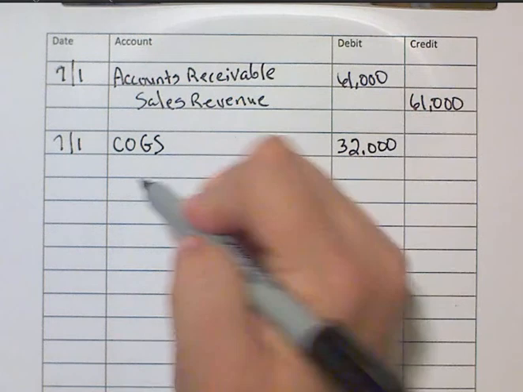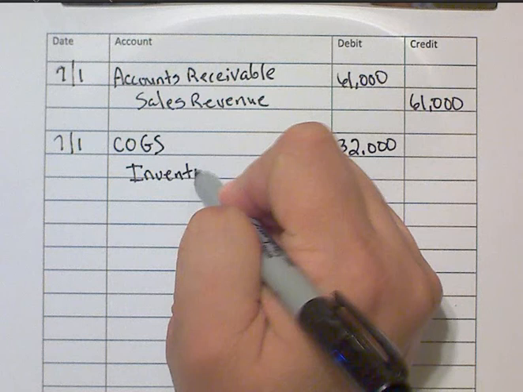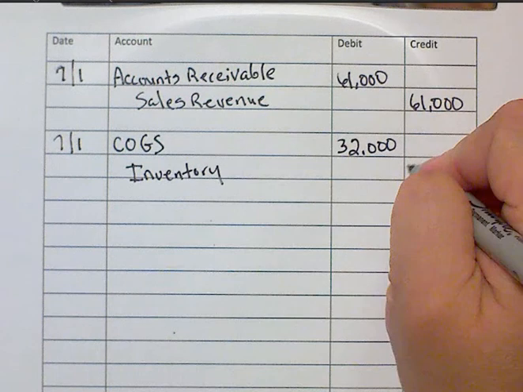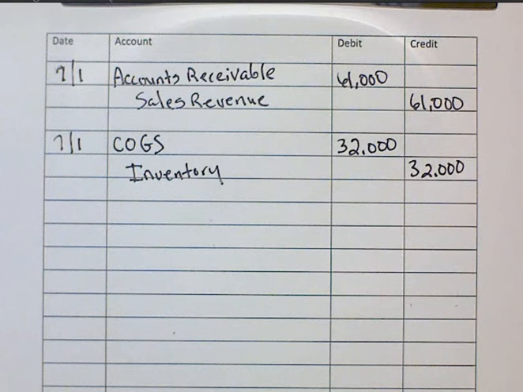And then we have to deduct it from our inventory, so we're going to credit inventory for $32,000. Okay, so for a merchandise operation, when we have a sale of goods, we have two journal transactions we have to make. One for the sale of the goods and one for deducting them from inventory and adding the cost to cost of goods sold.